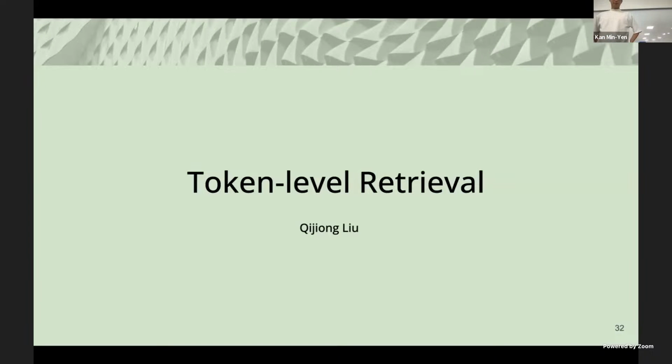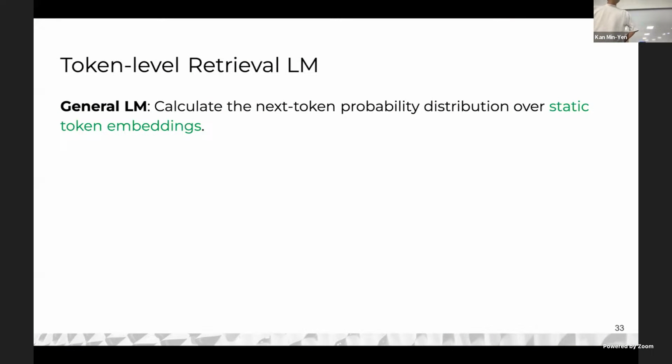Okay, my name is Qijiong, and I'll introduce the token level retrieval-based language model. The token level retrieval-based language model is the initial exploration of retrieval-based language models. Basically, the general language model calculates the next token probability distribution over static token embeddings.